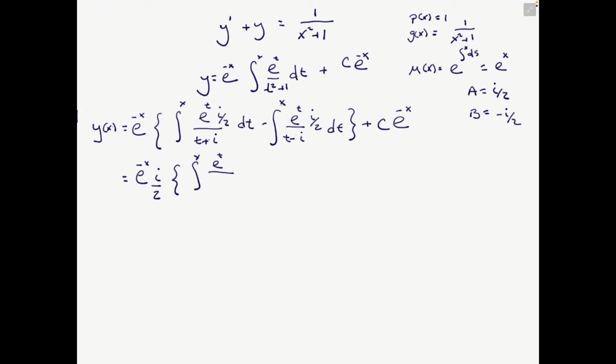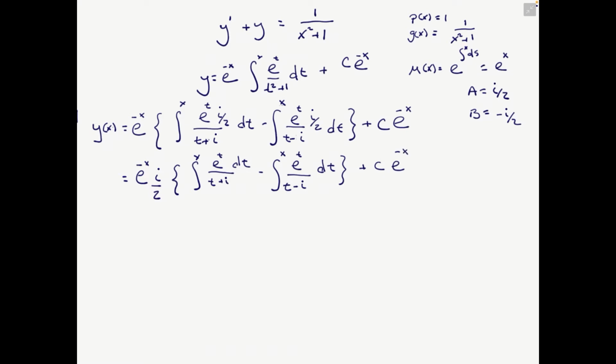So we have this dt on t plus I, minus x e to the t on t minus I. That should work. That's what we've got now.